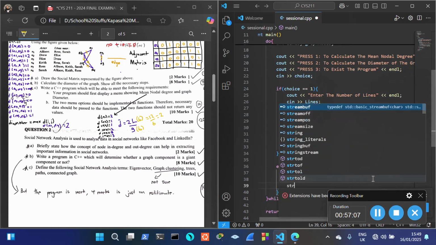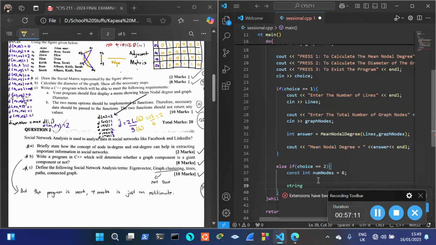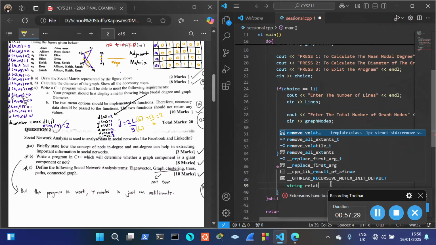This string will help us to save these particular relations, the values, such as n1 and n2 all the way to n5 and n6. This string is what we call relations. So we're going to give it a name which is relation.